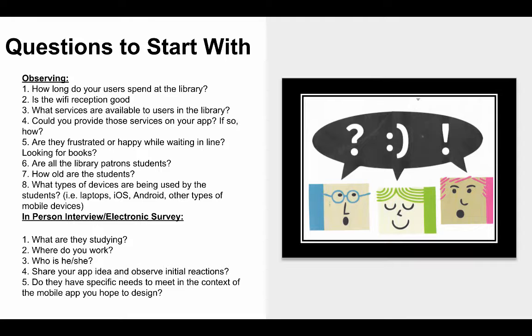How long do your users spend at the library? Is the Wi-Fi reception good? What services are available to users in the library? Could you provide those services on your app? If so, how? Are they frustrated or happy while waiting in line, looking for books?